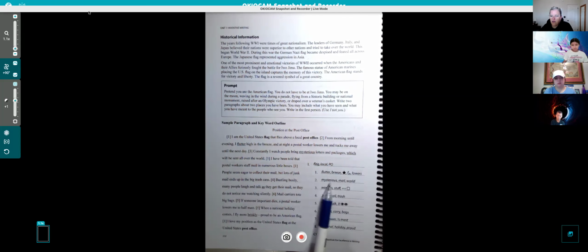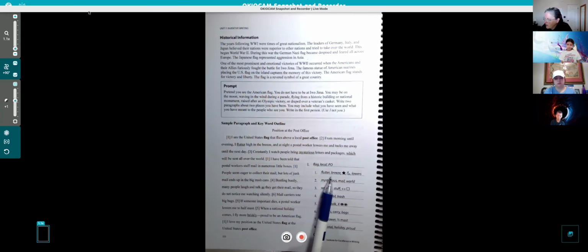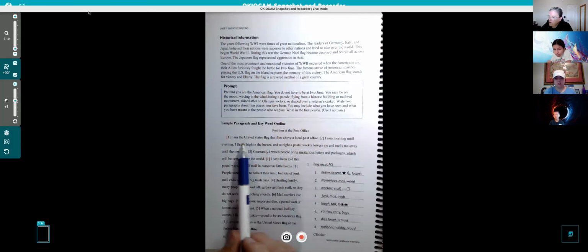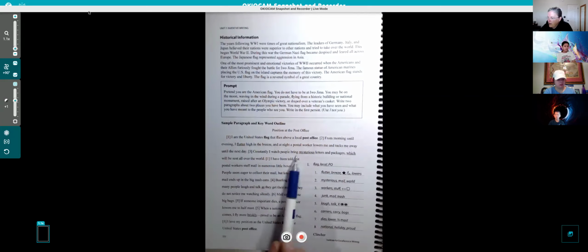And then these are the keywords that they came up with: letter, breeze, and then star, moon, lowers, mysterious mail, world. And then you can see all the notes they took right here. Carriers carry bags, dies, lower, half mast. So, and here's the paragraph that they came up with.